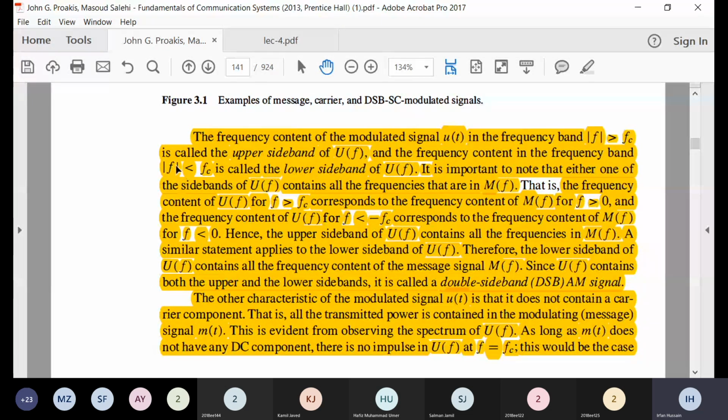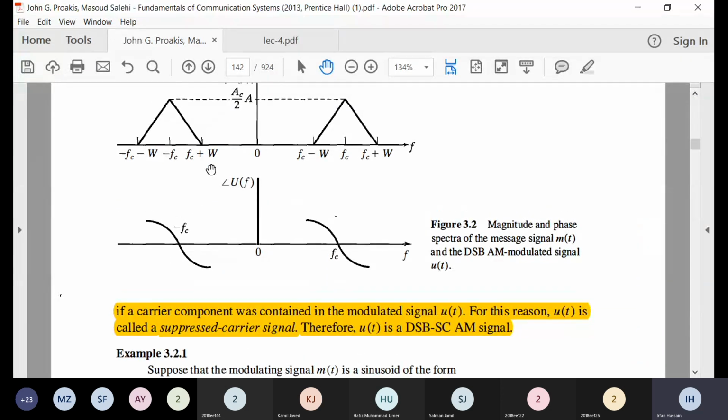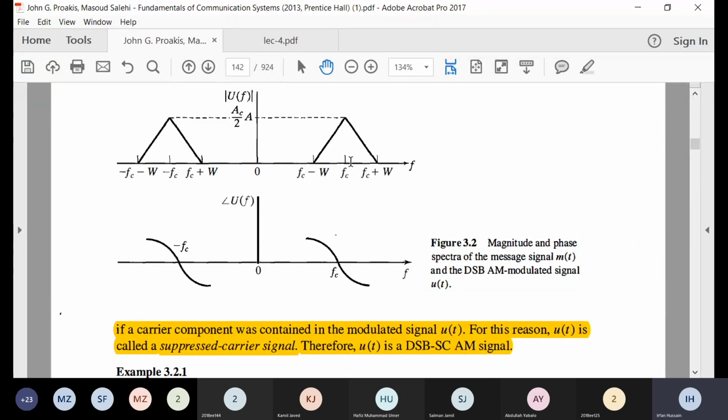So what this means is that this set of frequencies greater than fc, this one, and this set of frequencies which is lower than minus fc but in terms of mod is greater than fc, is the upper band.